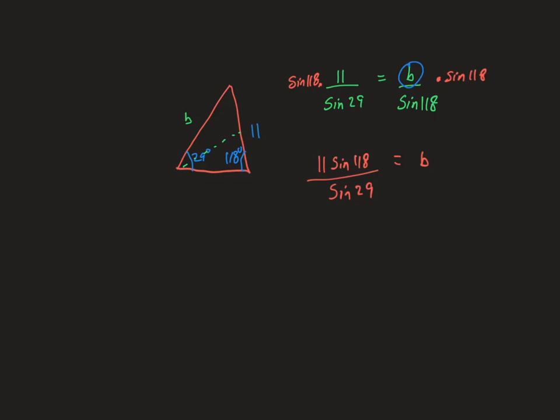So the second rule states that you have to have two angles and a side. Technically, it should be two angles and a non-included side. So with these two angles, one of these things has to have something missing. You can see here, I am missing a side, and that's why I'm able to use sine law.